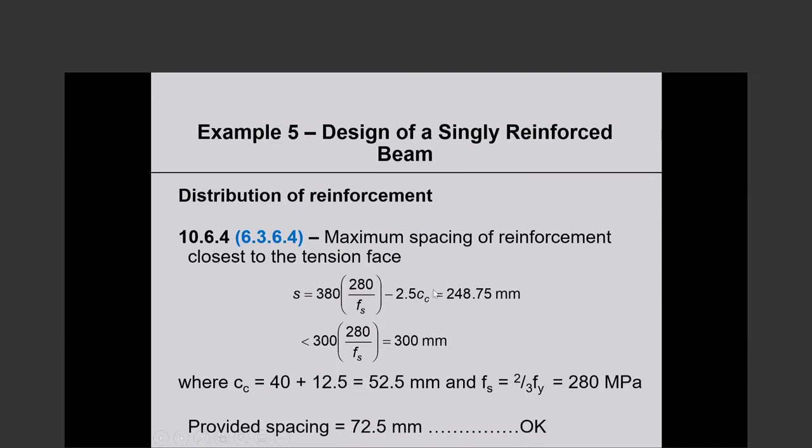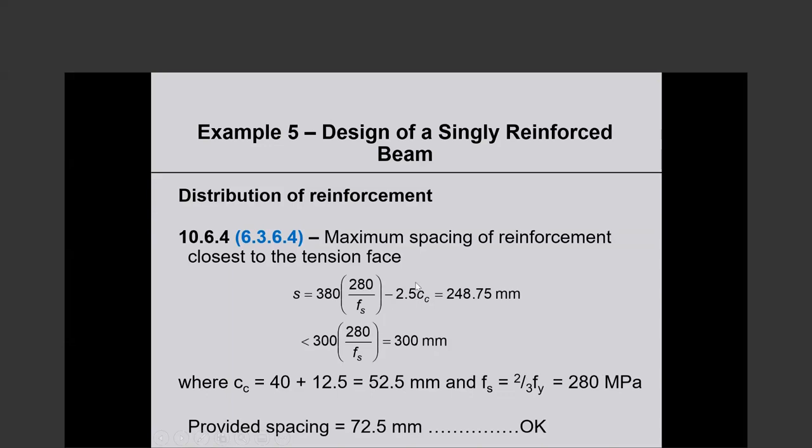So this is our governing maximum spacing. So this is still part of this calculation. In calculating this number and that number, we have used an F sub S equal to 2/3 of F sub Y, which is 280 MPa.